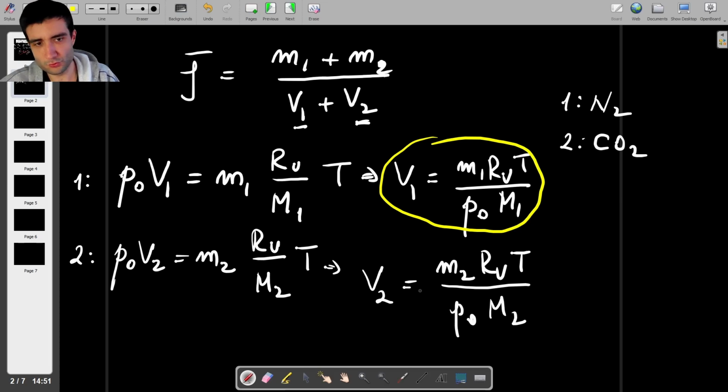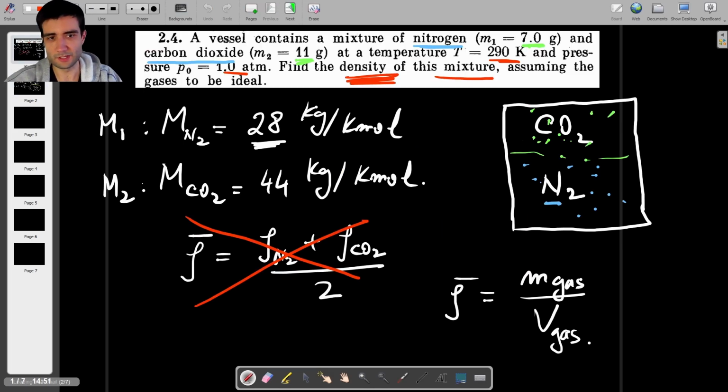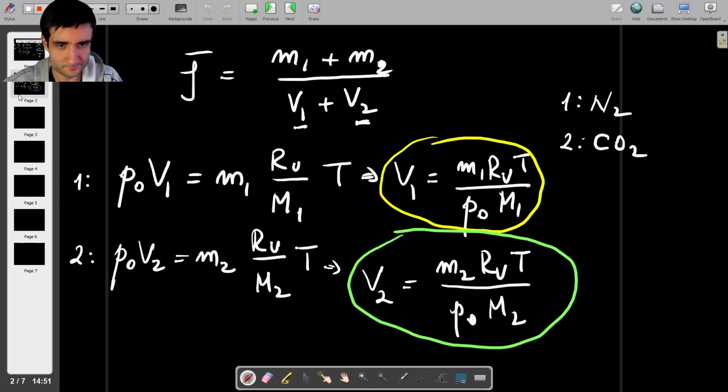One important thing to note is that the pressures of the nitrogen and the carbon dioxide are the same, because they're part of the same container. No matter where you measure the pressure, you'll get the same pressure throughout. So the two gases have the same pressure P0, which is 1 atmosphere.